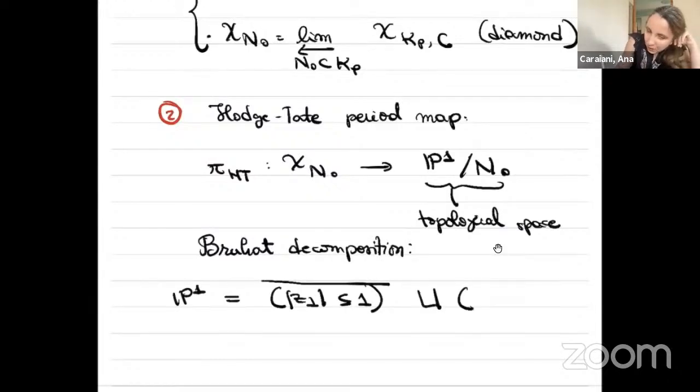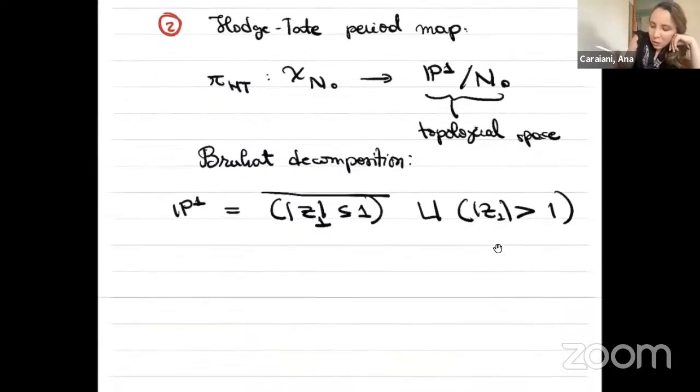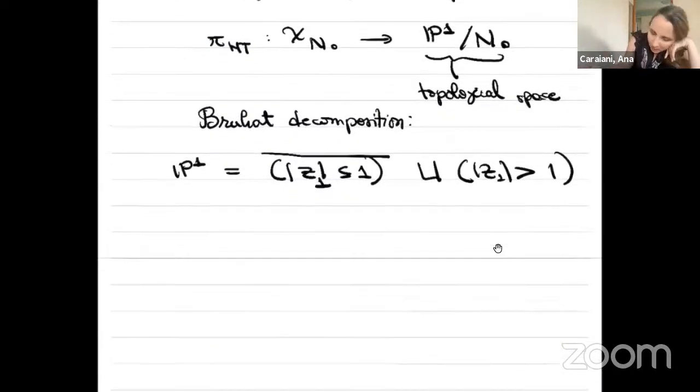And this disjoint union, the Stein ball, where the other one is, z greater than 1. But let's say this is the first variable. Okay, and so this is a decomposition into a closed and an open.